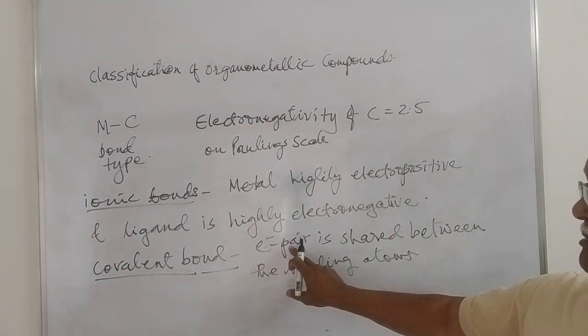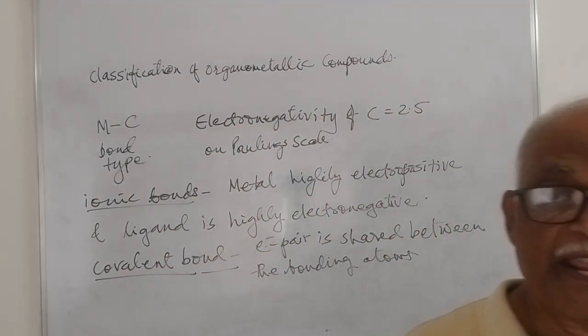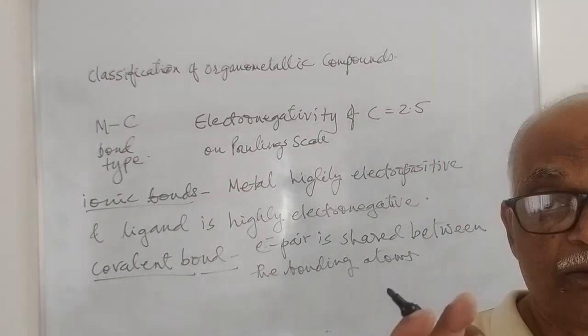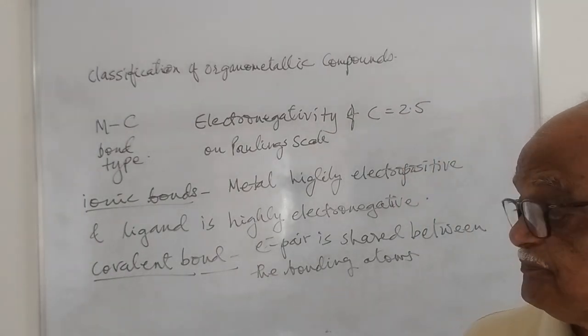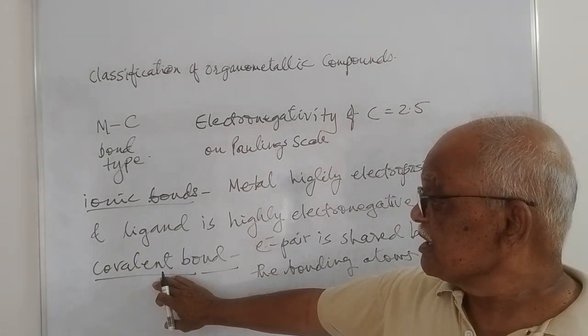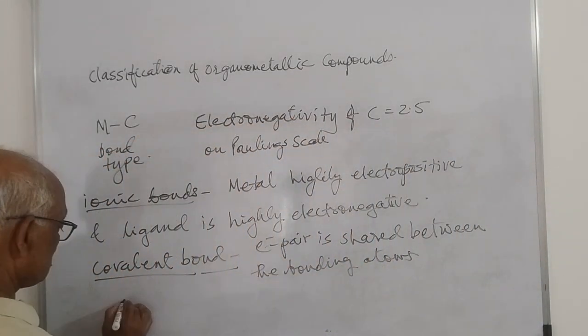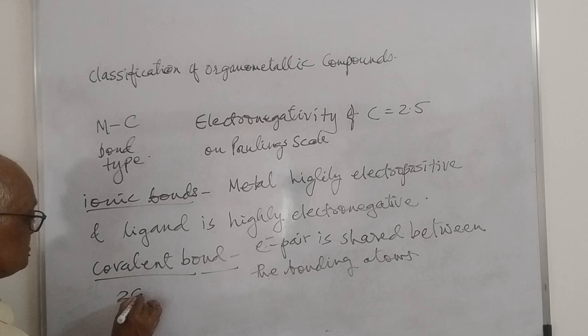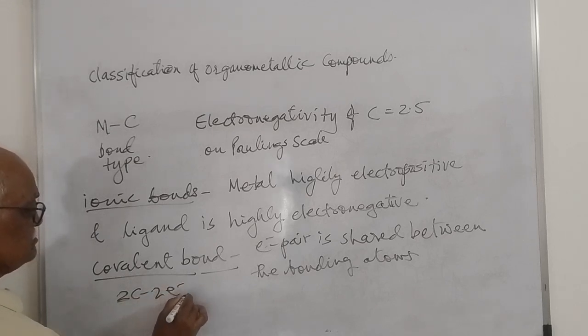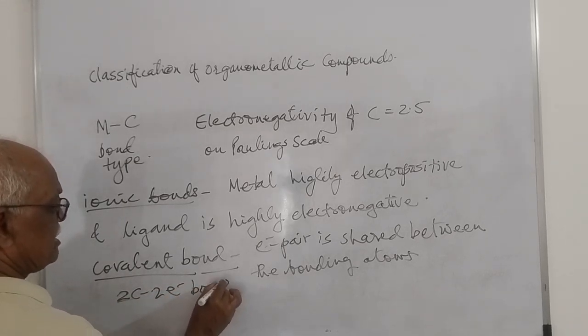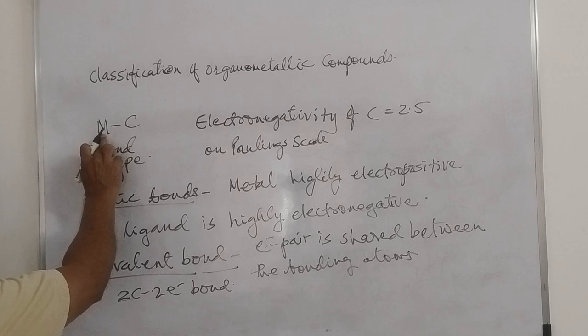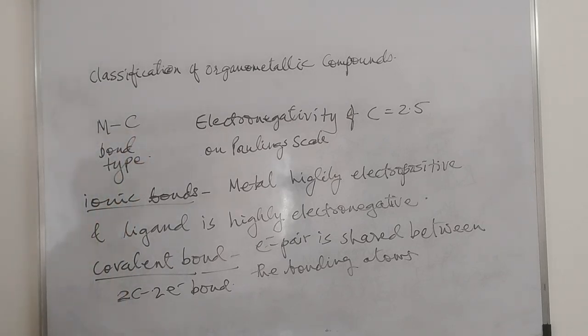When the bonding electron pair is shared between the bonding atoms, we know there is covalent bond formation. In such a case, the bond type is a two-center, two-electron bond. The metal is one center, carbon is another center, and the electron pair is shared between the two bonding atoms.